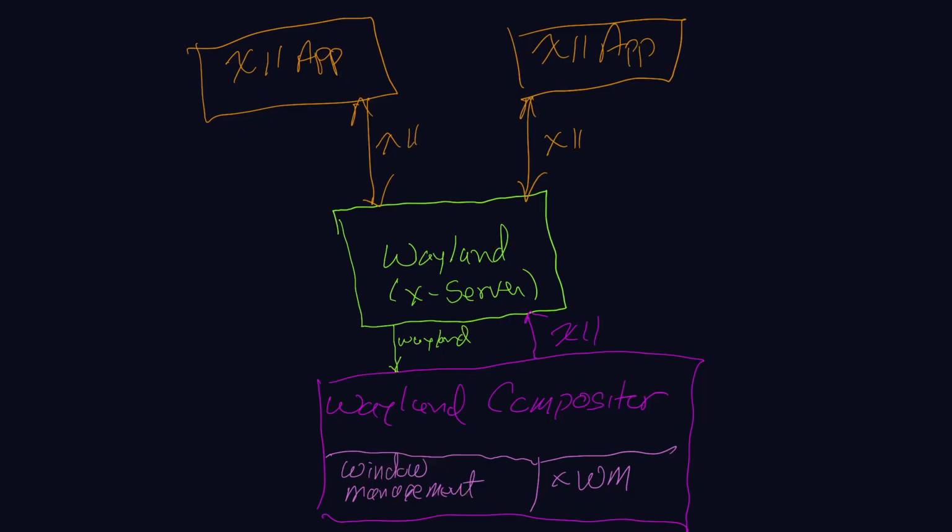One of the things Wayland has done, and this is going to bring back that problem, is add a component called the XWayland system. XWayland is software which allows X11 applications to communicate directly with Wayland, but it's using the Wayland protocol to do it.